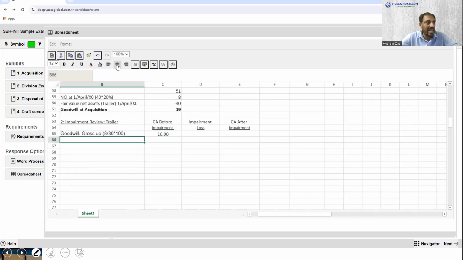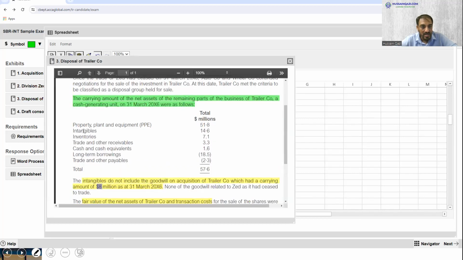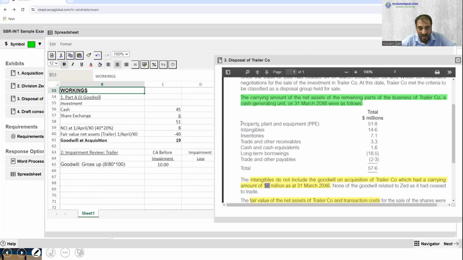Okay. So further assets. What are the further assets? These are the assets: property, plant, equipment, intangible asset, inventory, trade receivable. These are the values. Can we copy paste?